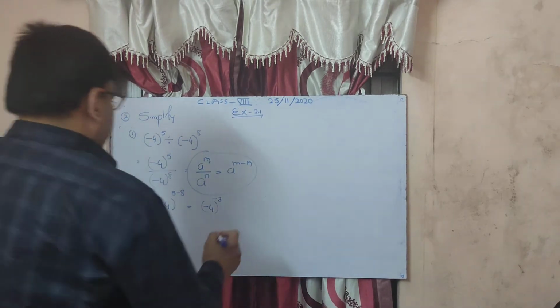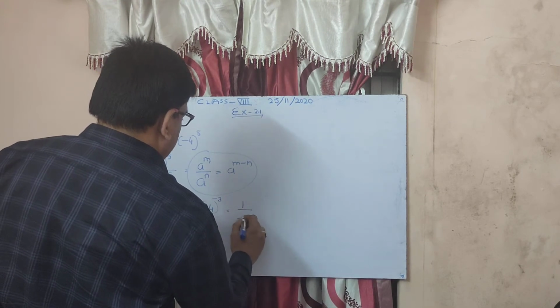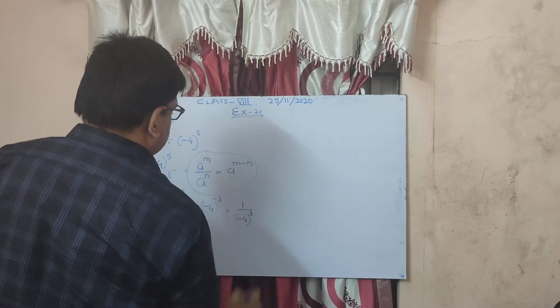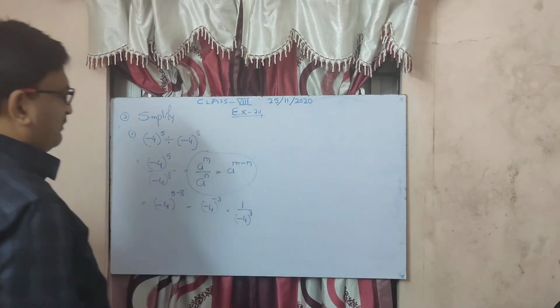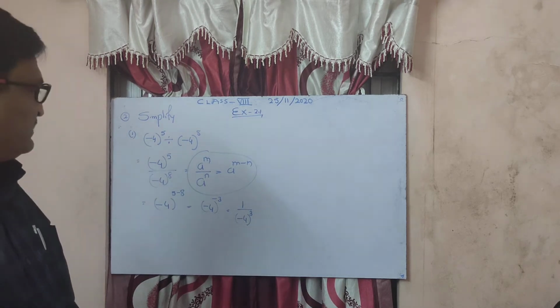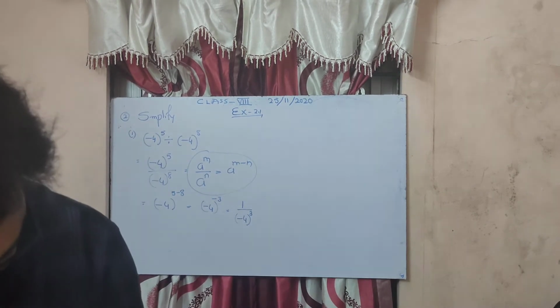Power should be positive. Very easy. If you want to make the power positive, what you have to do? Just put it in the denominator. Minus 4 to the power 3, 1 upon minus 4 to the power 3. This is how the example will be done.